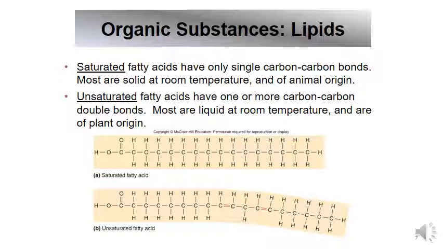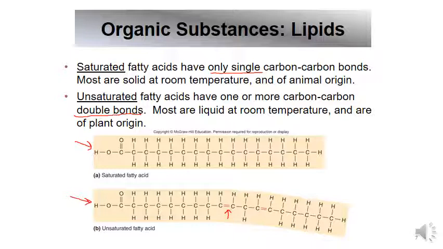Saturated versus unsaturated, so this is where that double bond comes in. Saturated fats have no double bonds, only single bonds. But unsaturated fats have double bonds. So you can see here, this one is saturated, no double bonds. But this is the unsaturated, we're seeing the double bonds here.